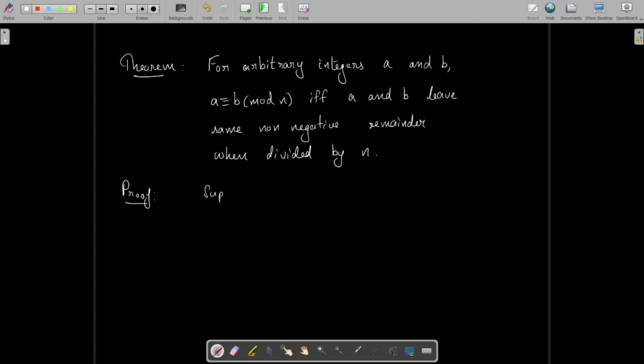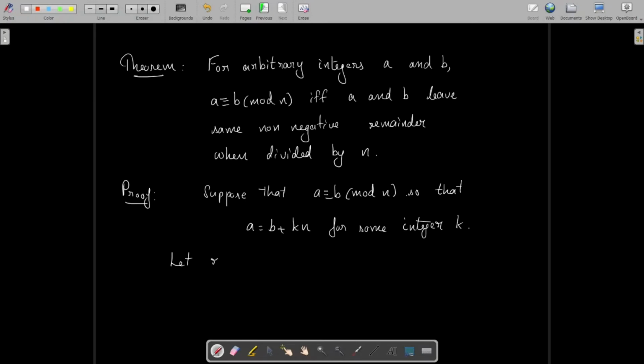First, suppose that a is congruent to b mod n, so that we may write a equal to b plus a multiple of n. That is, a is equal to a multiple of kn plus b. Here k is some integer.